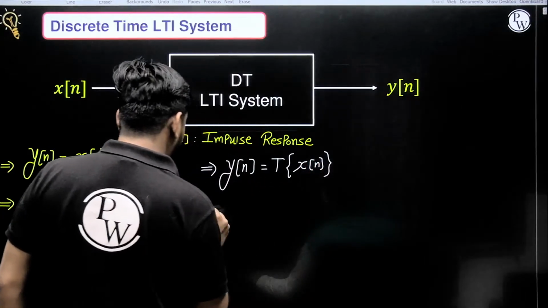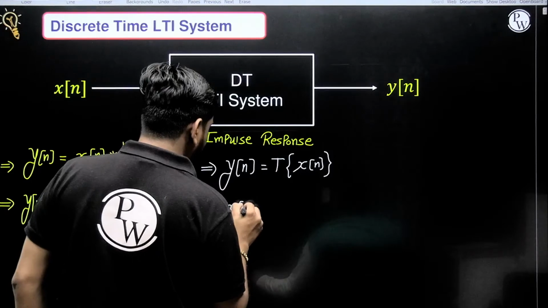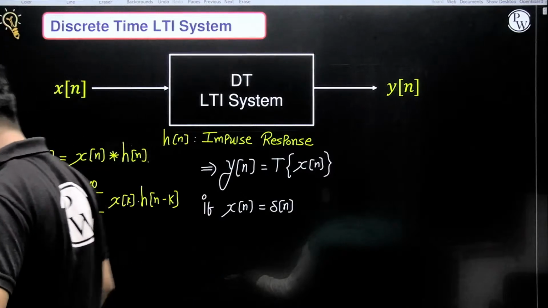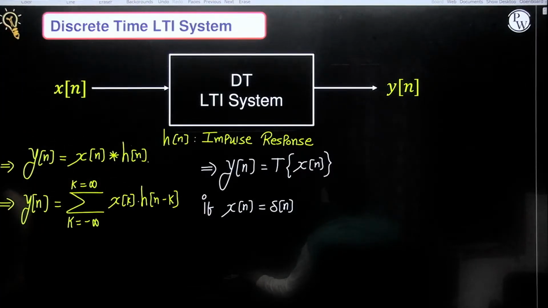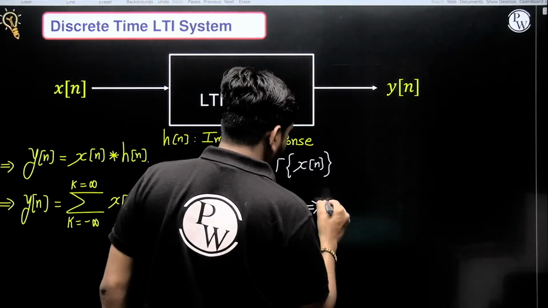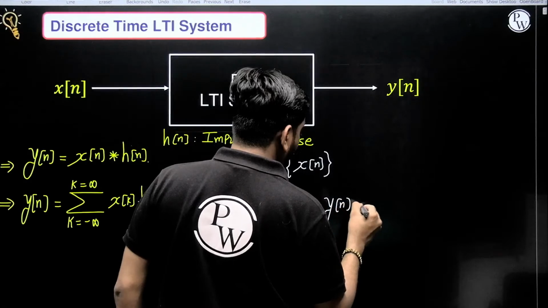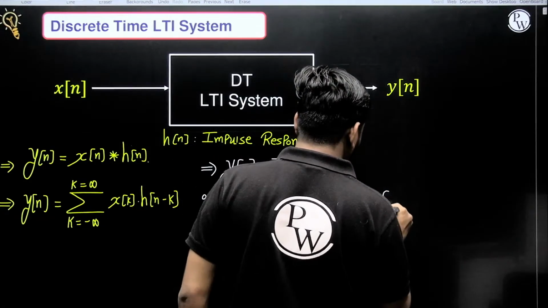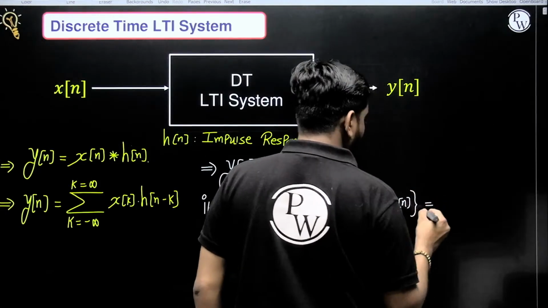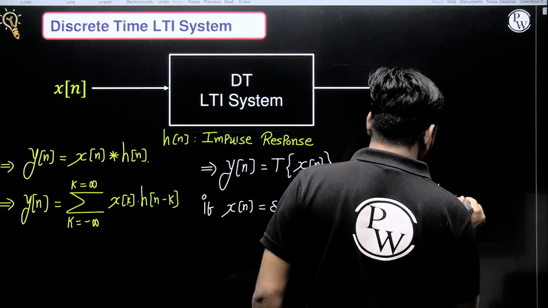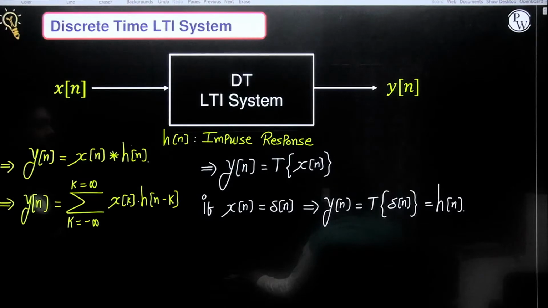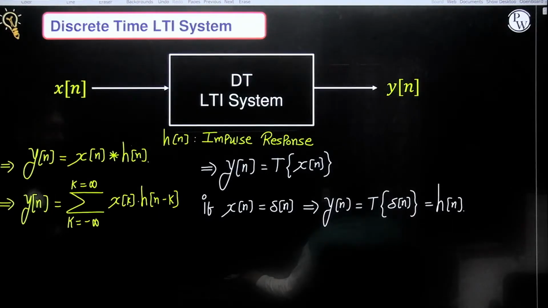And if the input x of n is equal to delta n, put x of n equal to delta n, then y of n is equal to h of n.